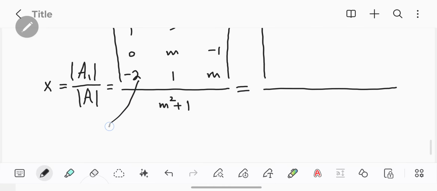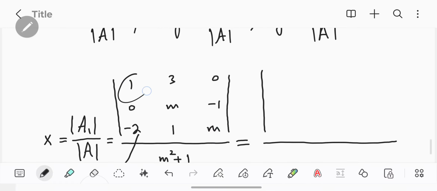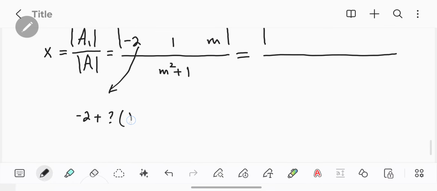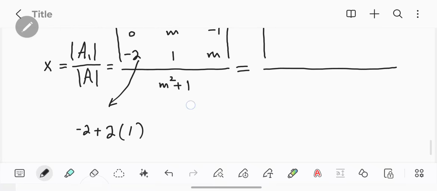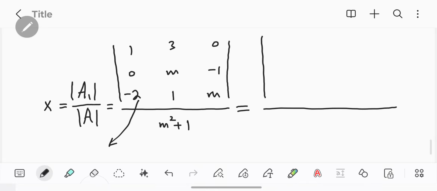It's minus 2 plus what number times this pivot entry? Of course, 2 times 1, because minus 2 plus 2 will get 0. And minus 2 corresponds to R3, plus 2 is the constant, and 1 corresponds to R1. So I will perform this operation, R3 plus 2R1.